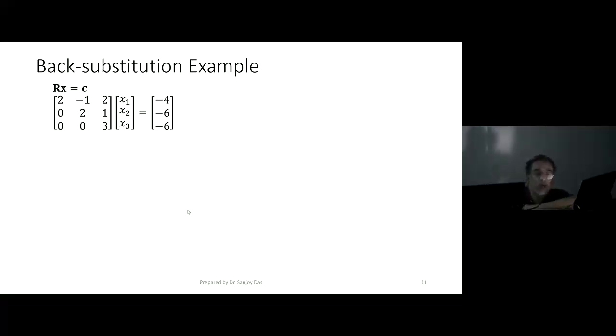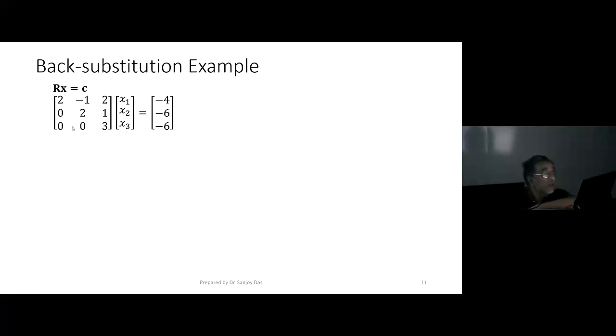Okay, so I have this Rx equals C to solve. The C is C1 essentially. This is an upper triangular matrix. It's called back substitution because we solve for x3 first. And then using the value of x3, we find the value of x2. And then using the values of x2 and x3, we find x1.